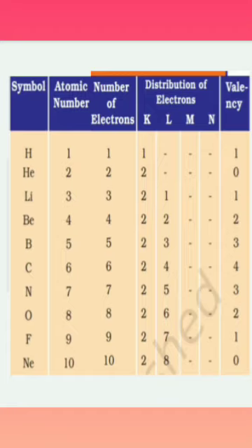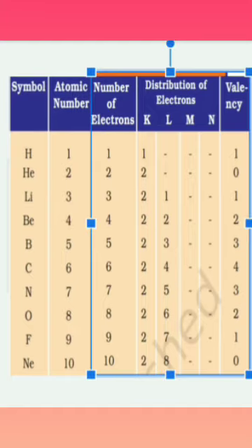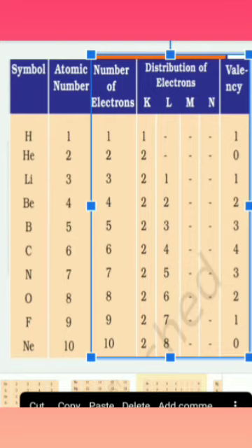We already saw this in the previous video, isn't it? Helium K shell 2, lithium K shell 2, L shell 1, beryllium K shell 2, L shell also 2 electrons, and boron K shell 2, L shell 3. So valency is 3. Carbon has 2 electrons in the K shell, 4 electrons in the L shell, so valency is 4.